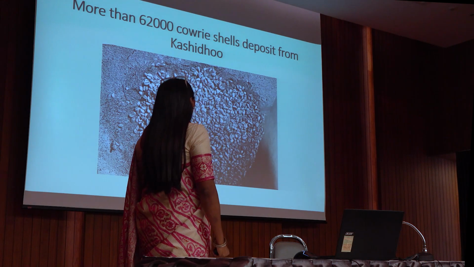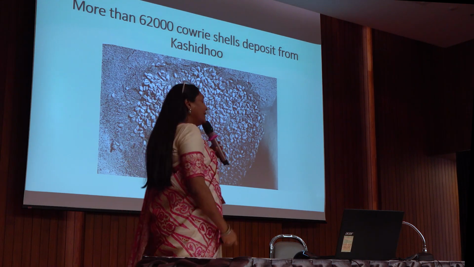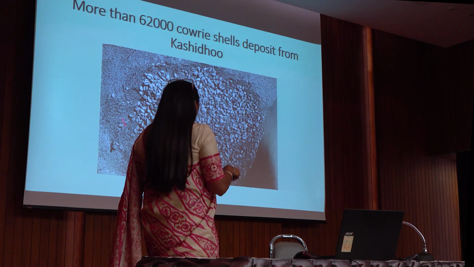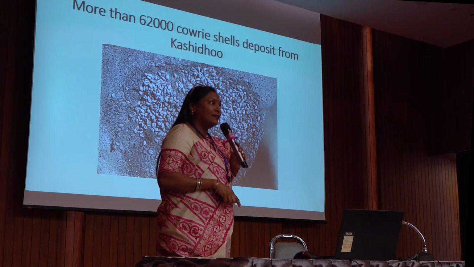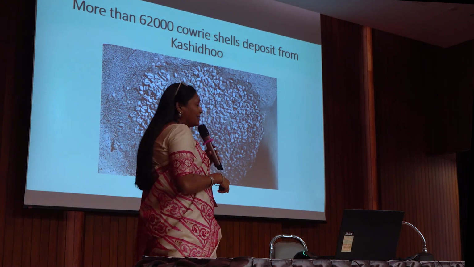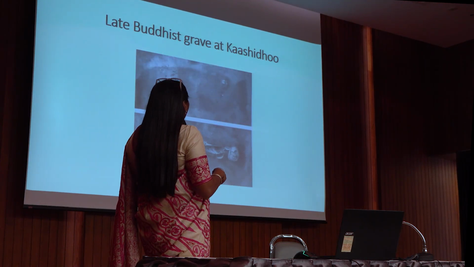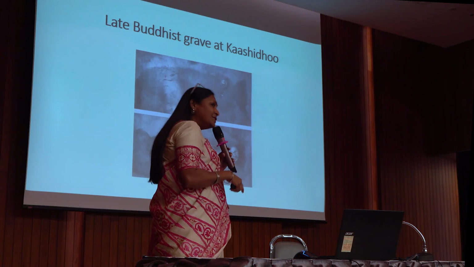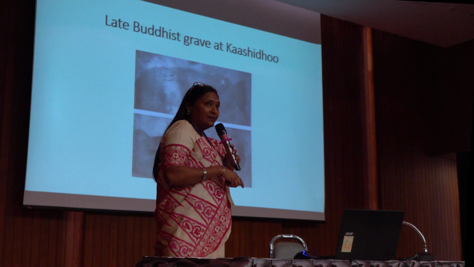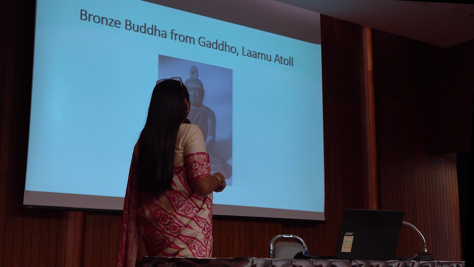And you can see that from Kashidu, another site has 62,000 cowrie shells together. So this actually gives us the real context of what is happening. You also have a Buddhist grave just near the 62,000 cowrie shells. So this explains the real context.